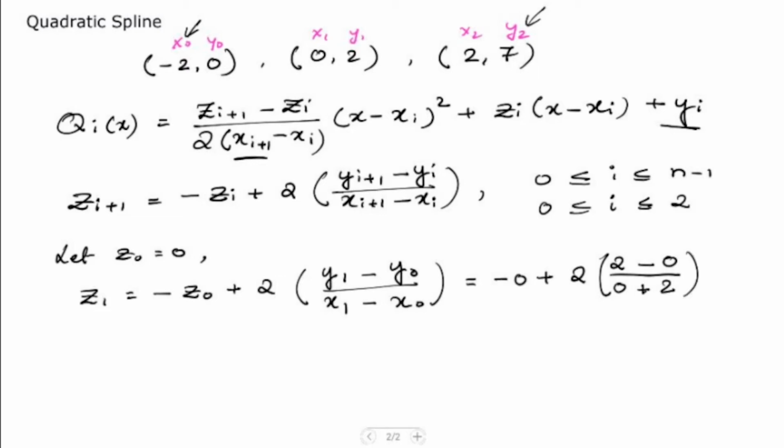That will be 0 plus 2, totally equal to 2. So that's the value for z1.